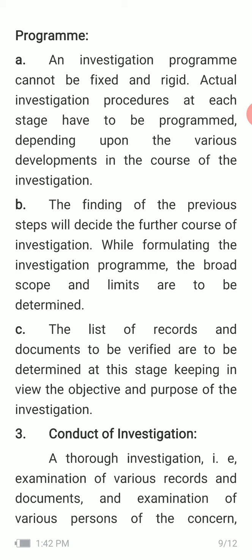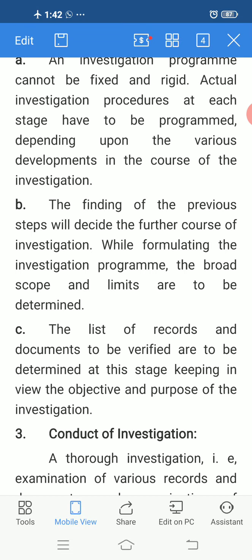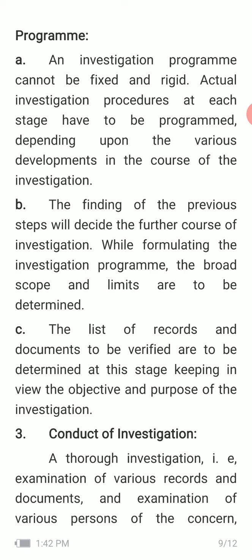While checking the books of accounts, he has to keep in mind the objective and purpose of this investigation. Then he has to list out the records and documents that he has to verify or investigate. That is the second step.